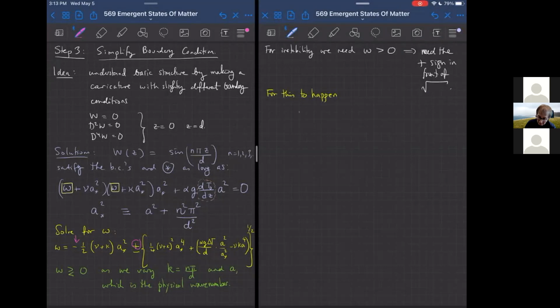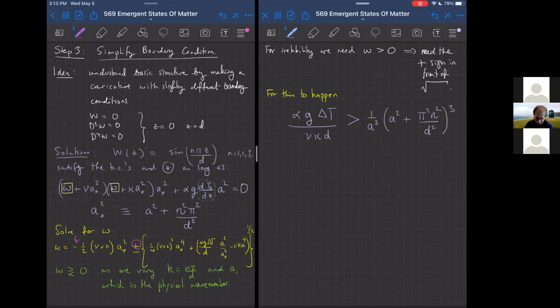So what that means is that we need alpha G delta T over nu kappa D, that thing has to be greater than the term 1 over a squared into a squared plus pi squared n squared over d squared, that whole thing cubed.